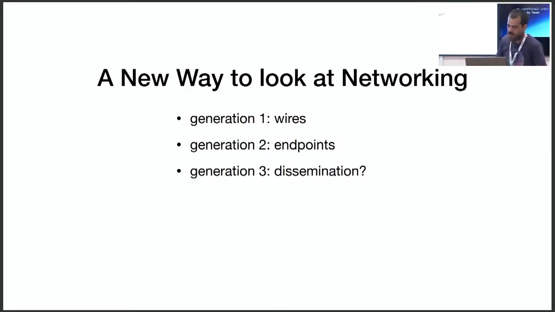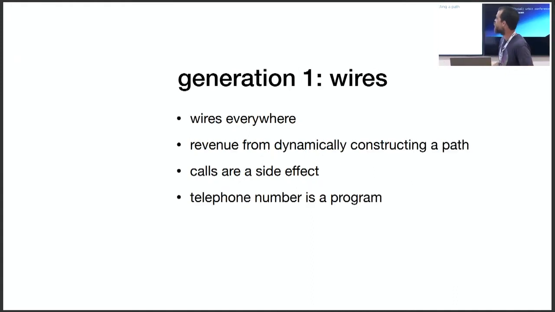So in the talk, he gives a history of networking and frames it in such a way as to make his new architecture compelling, deterministic, unavoidable. It's very compelling. I don't know if it's right, but it's very compelling, and I'll see if I can recapitulate that for you. The generation one was wires. This is circuit switching. This is telephony.